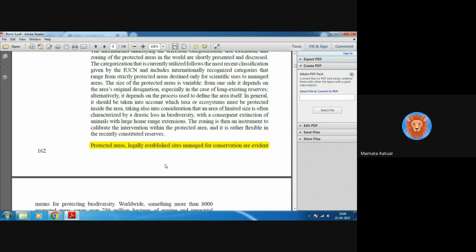These are according to law, the laws passed by parliament or any body saying that this particular area will be protected. That means they are established by law, and these sites are managed for conservation.